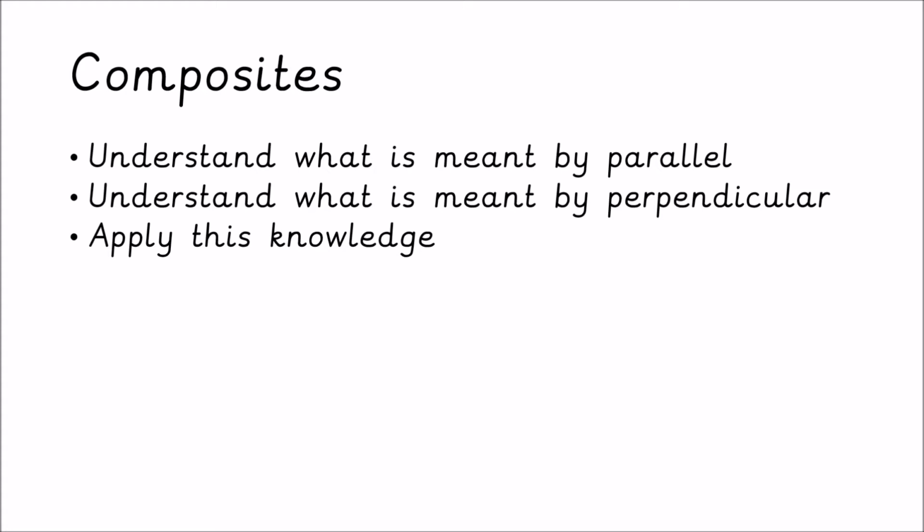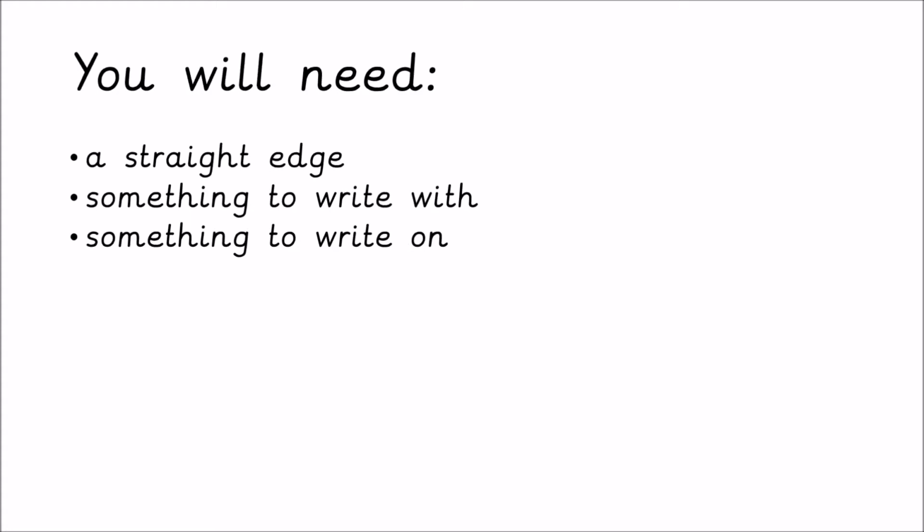a variety of contexts. You will need, for this lesson, a straight edge, something to write with and something to write on. Now your straight edge ideally would be a ruler, but if you've not got one of those, any number of things have a straight edge that can be used to draw a straight line. So if you have a hardback book that people at home don't mind you getting pencil on, that's an option.